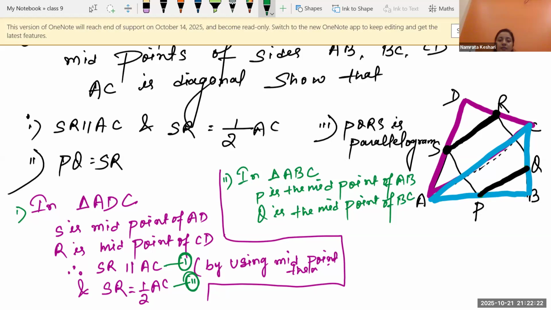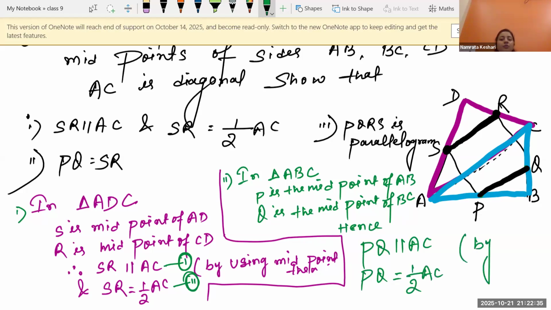Hence PQ is parallel to AC, and PQ is half of the length of AC, again by the midpoint theorem. You can mark it equation number 3. You can mark it equation number 4. Now focus on equation number 2 and 4.